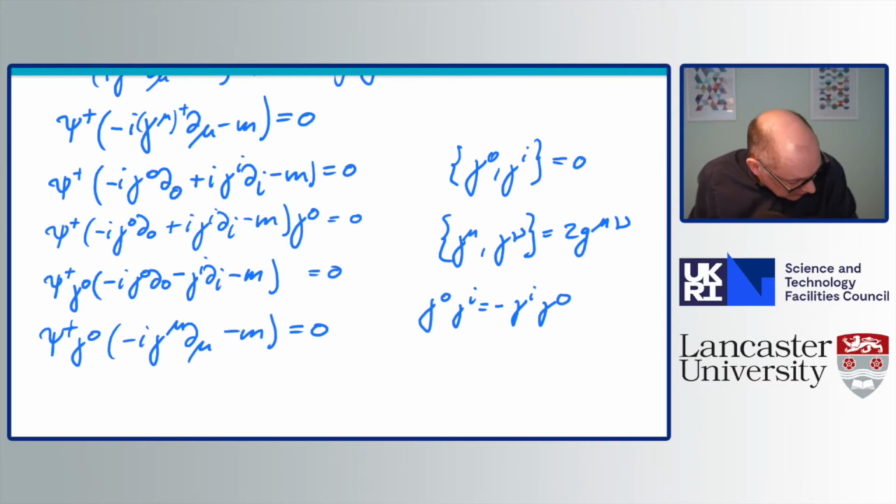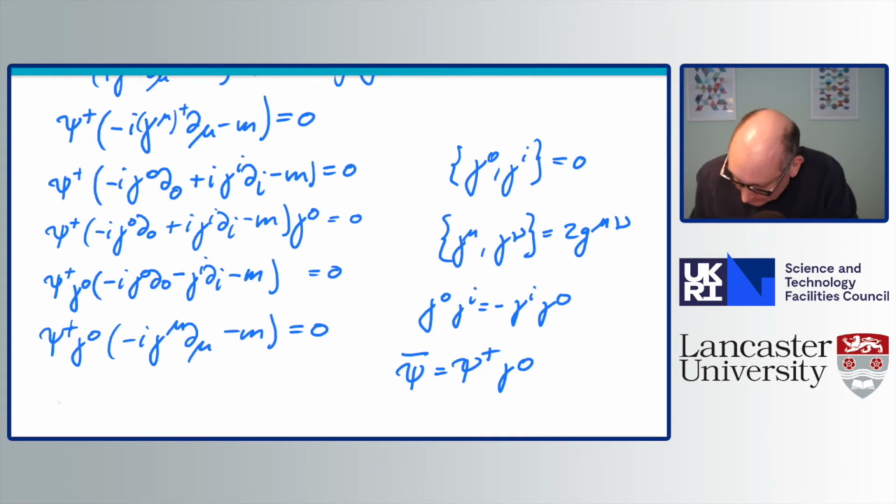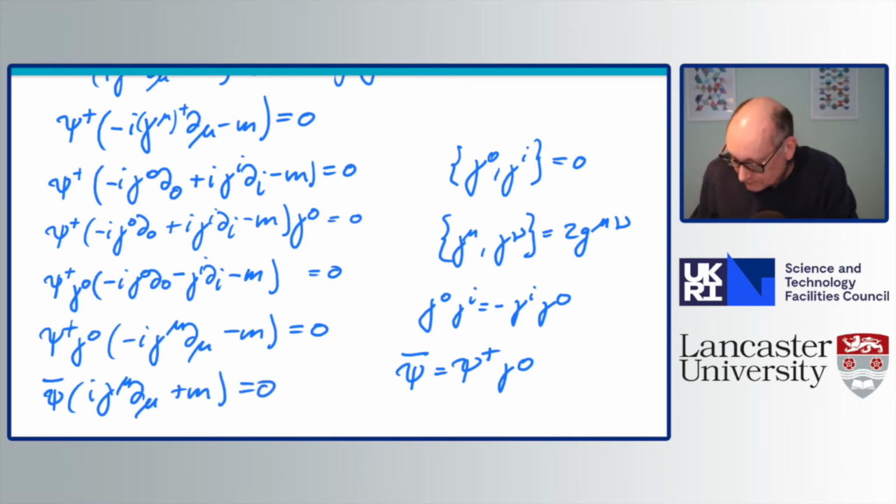So if we define psi bar as psi dagger gamma 0, then we can write this equation as psi bar (i gamma mu d mu plus m) equal to 0.